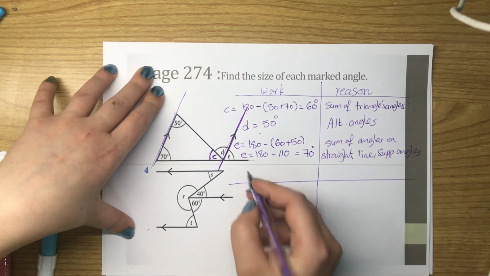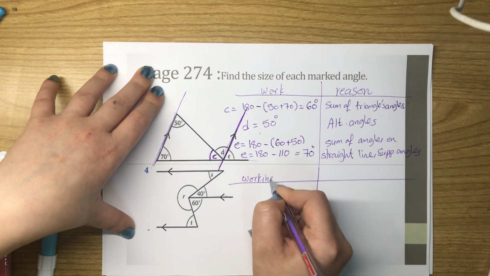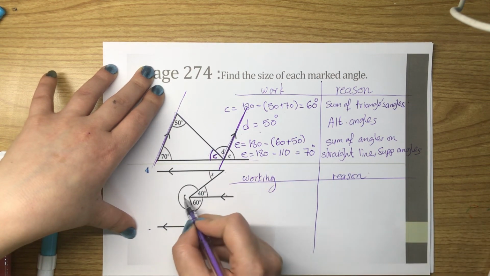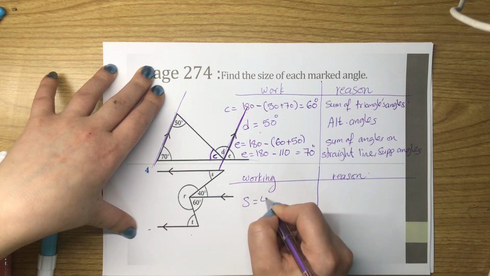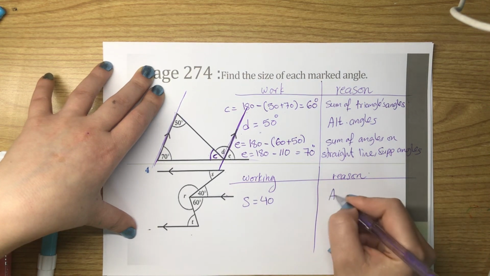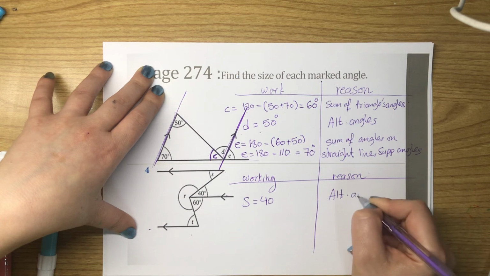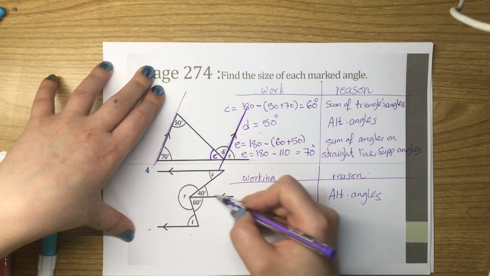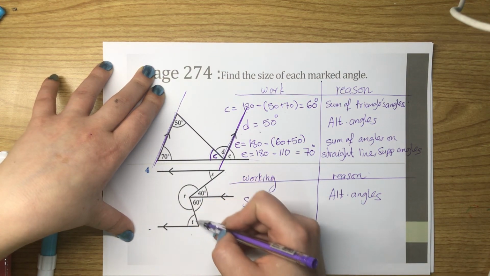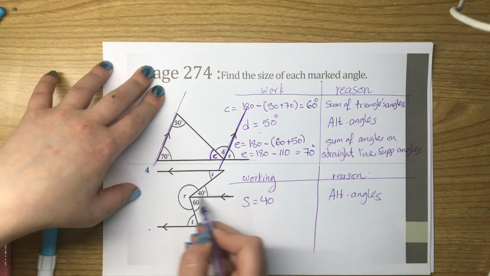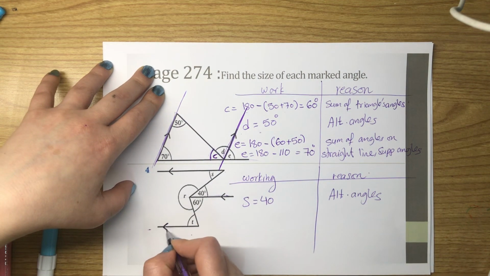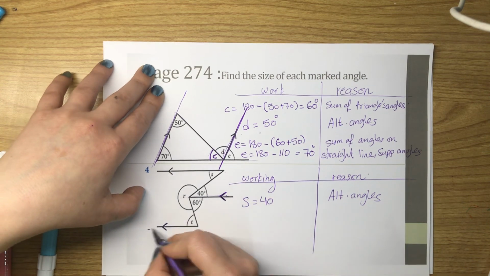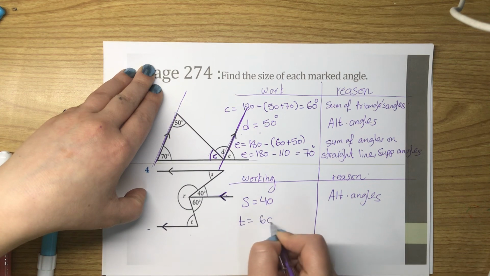Again, show your working and your reason, why. S is going to be 40. Why? Alternating angles. Okay, T is going to be 60, because this line and this line are parallel, by looking at these arrow lines.